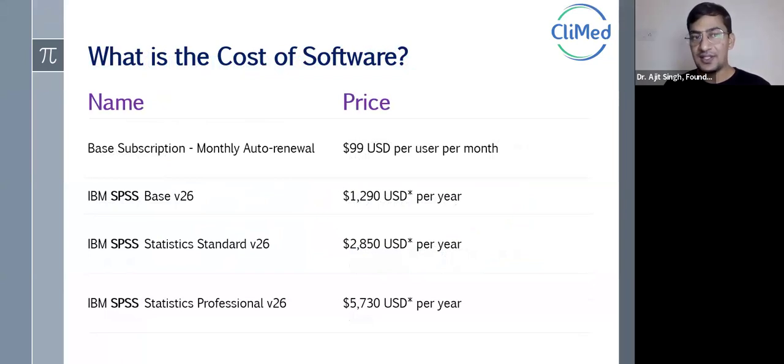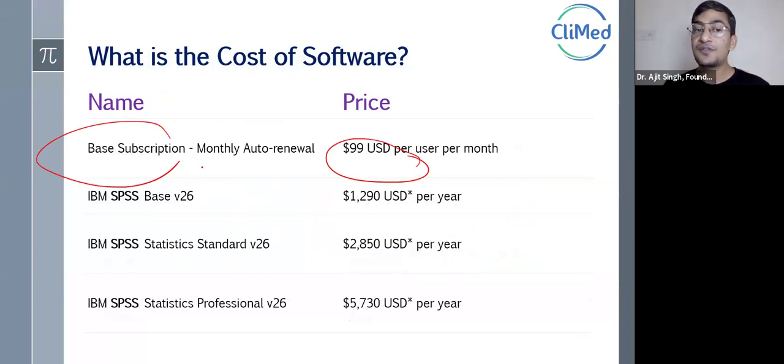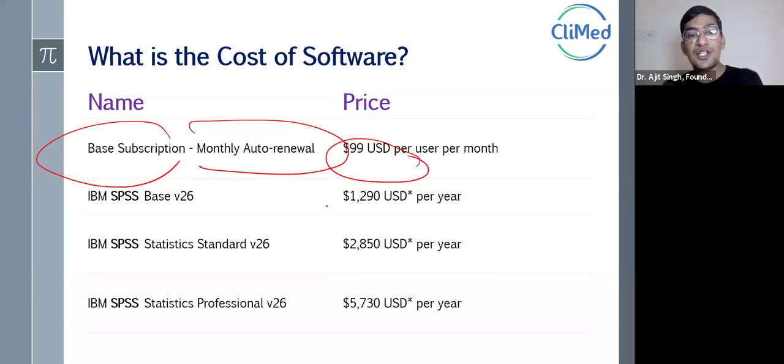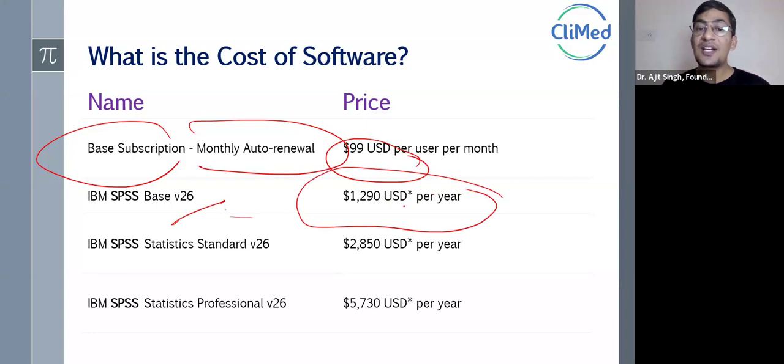Now the price: usually the basic subscription price is 99 USD per month for students. The base version is 1290 USD per year if you are taking it per year.